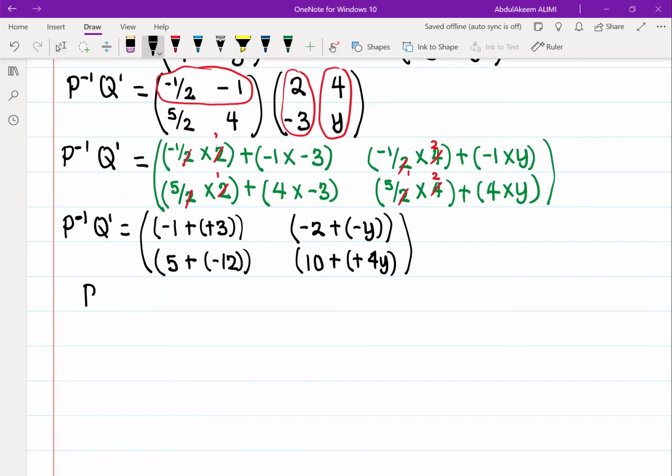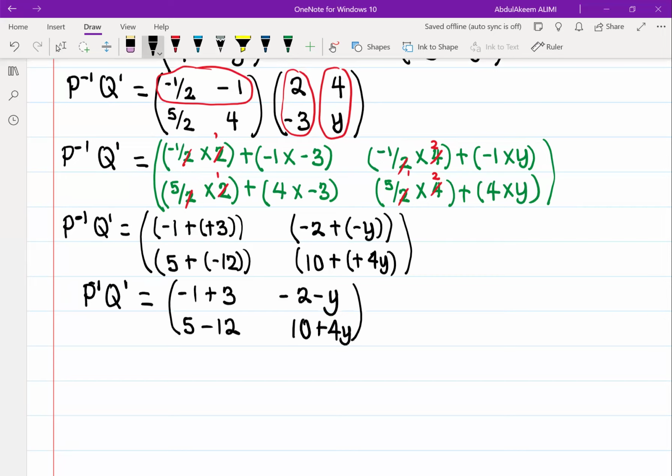So let's conclude this question. I have P inverse Q prime equals to minus 1 plus 3, 5 minus 12, minus 2 minus y, and 10 plus 4y.